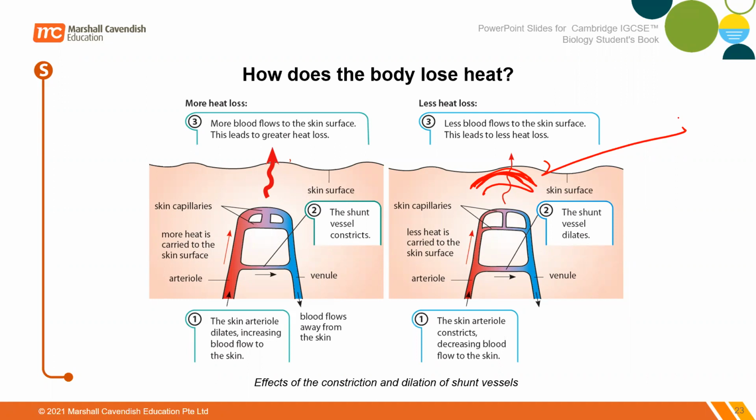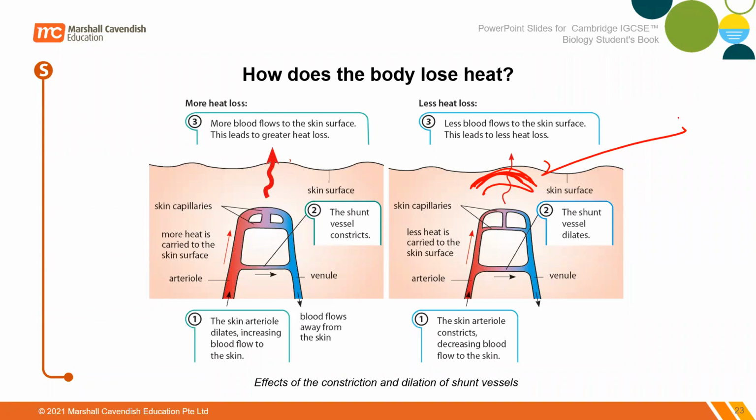Okay, let's check what will happen step by step. The skin arterioles dilate when I have more heat loss. I now need to lose more heat because I did terrible activity and exercise. So the heat will be carried by the blood in the arterioles to the skin surface.